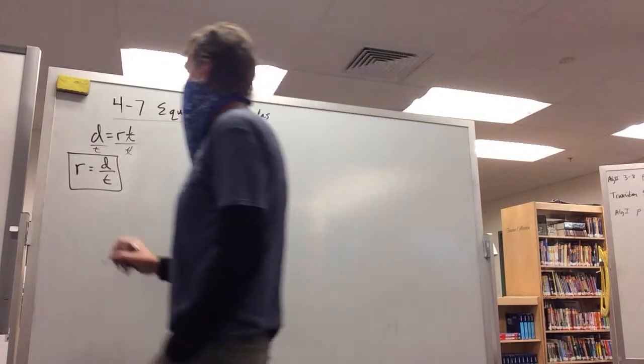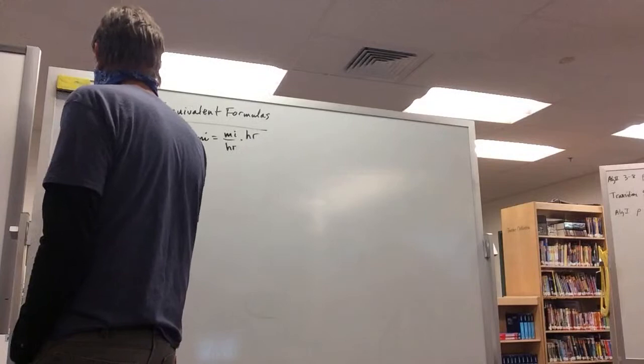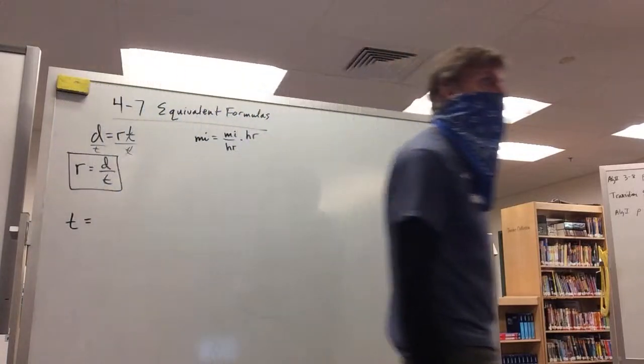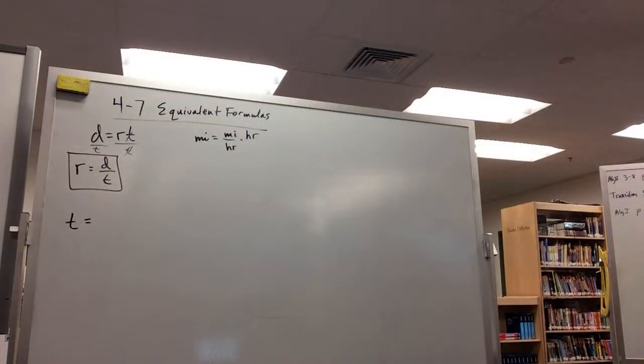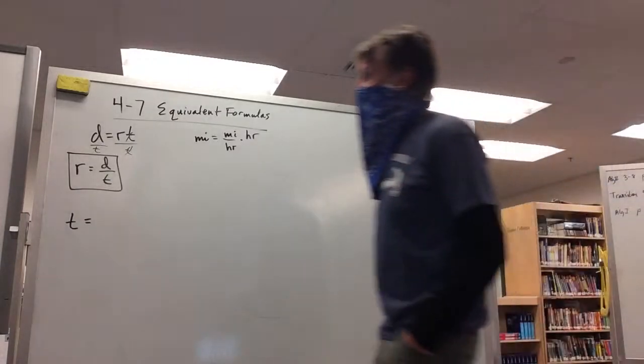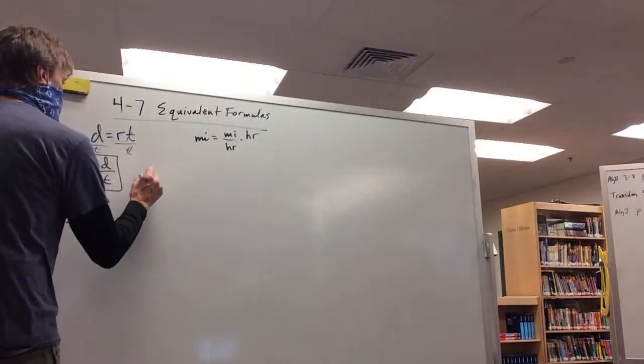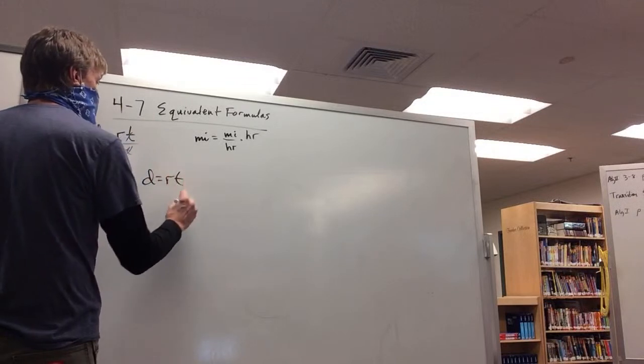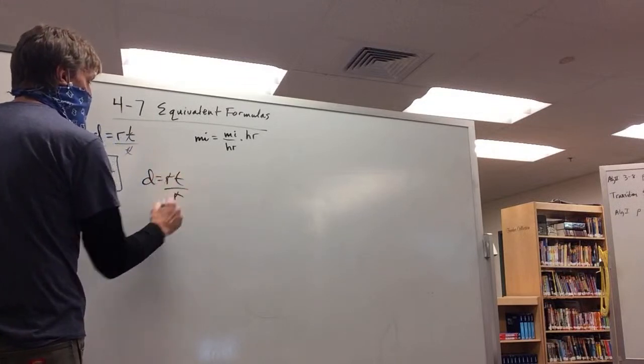So what's T equal to? What did you say, Jackson? D divided by R. See, if we took distance is equal to rate multiplied by time, to get time alone, we divide by rate.